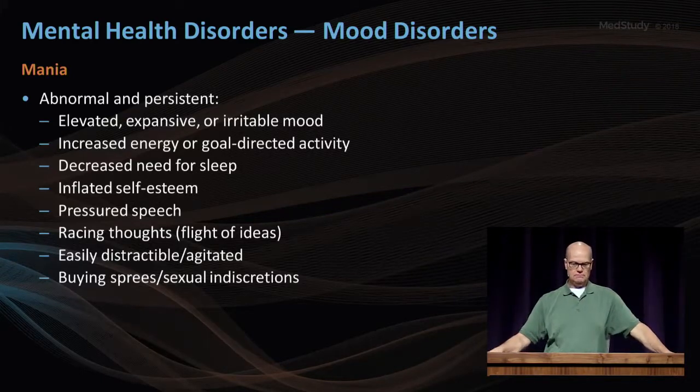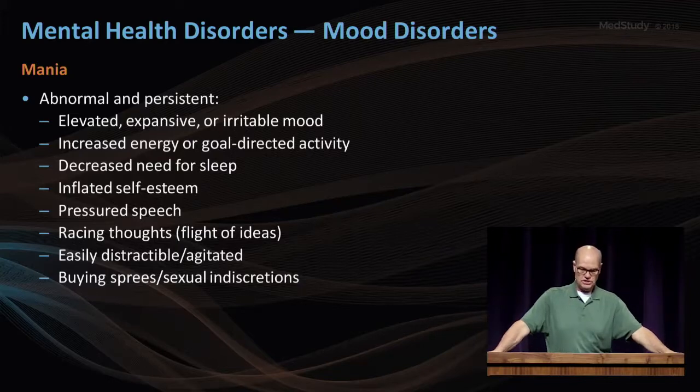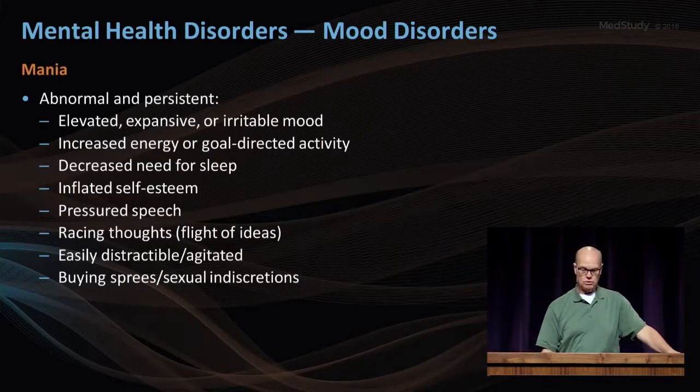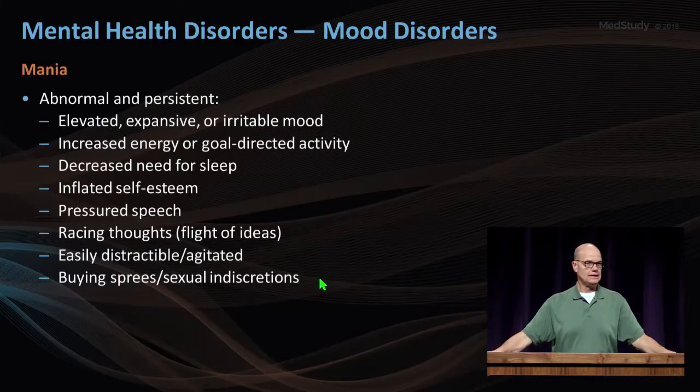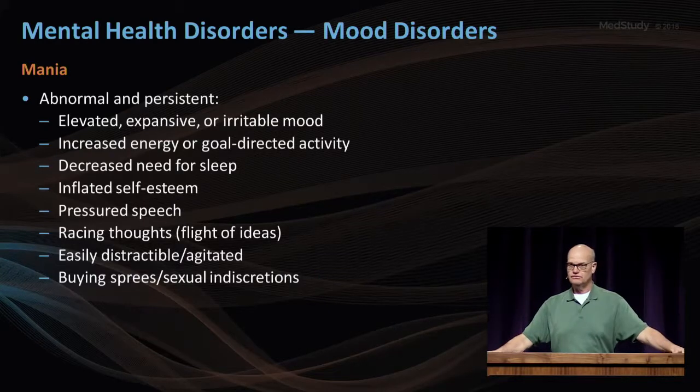Inflated self-esteem, pressured speech, decreased need for sleep, racing thoughts, and another buzzword, buying sprees, bought a new car, or sexual indiscretions. So lots of poor choices, lots of energy, no need for sleep, high self-esteem. That's an episode of mania.